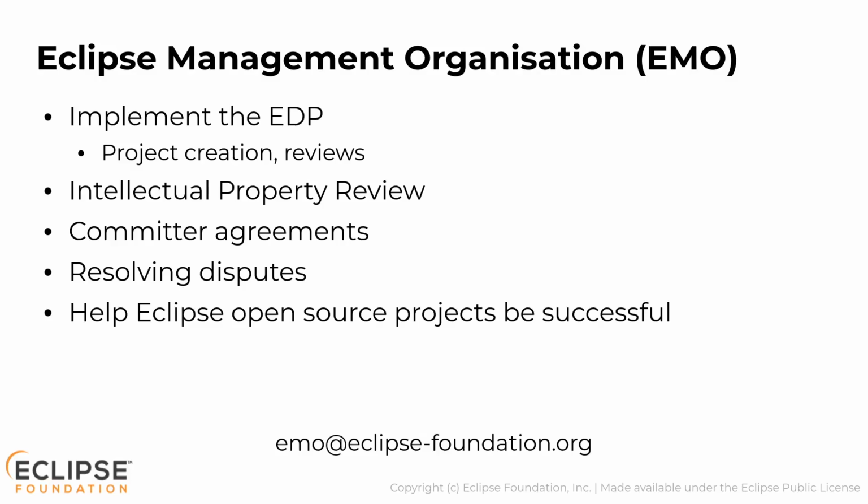The EMO's intellectual property team ensures that the content contained in Eclipse project repositories and third-party content referenced by Eclipse project content are consistent from a licensing and copyright perspective. The intellectual property team also provides trademark services for the Eclipse Foundation and the Eclipse open source projects.